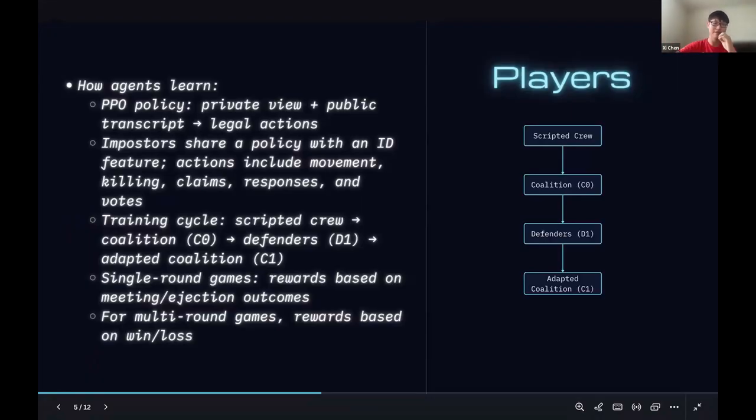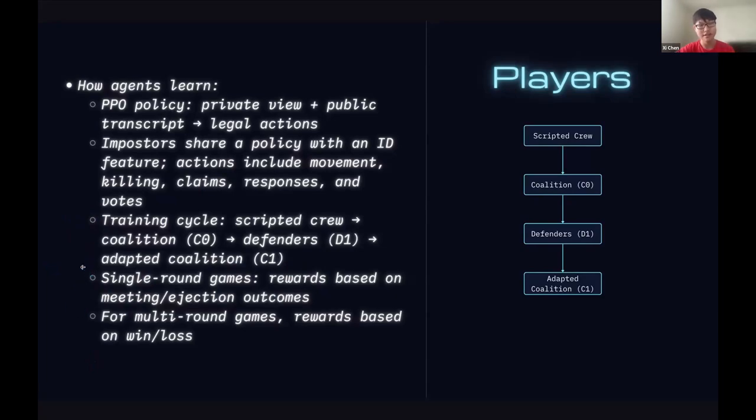And then finally, we have the coalition adapt against that learning crew. For single round games, the rewards are given based on who is ejected. For example, if an innocent person is ejected, the imposter will get a positive reward. Otherwise, if an imposter is ejected, they'll get a negative reward.